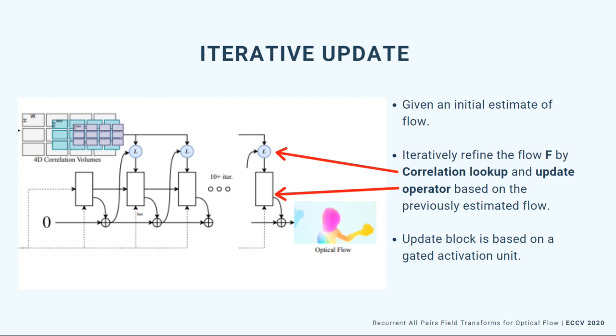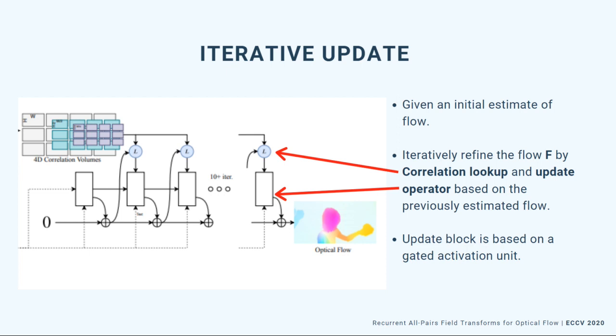So given is an initial estimate of flow which is initialized as 0, and we want to iteratively refine the flow F1 by correlational lookup and update operator, which is in the black box here, based on the previous estimated flows.